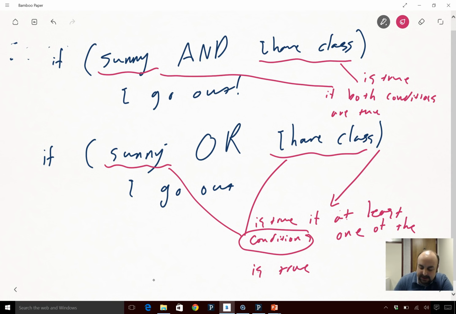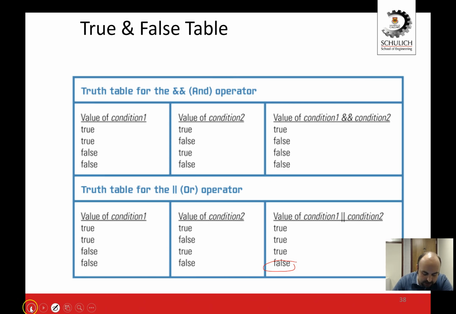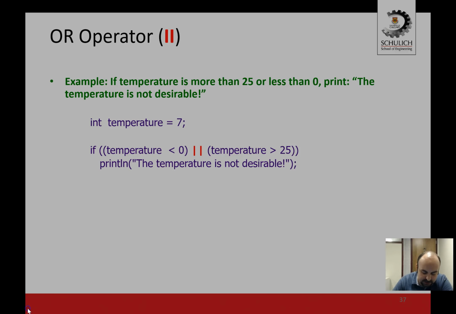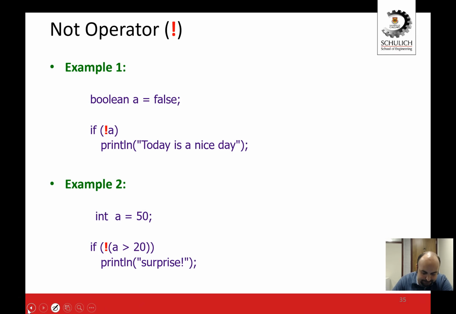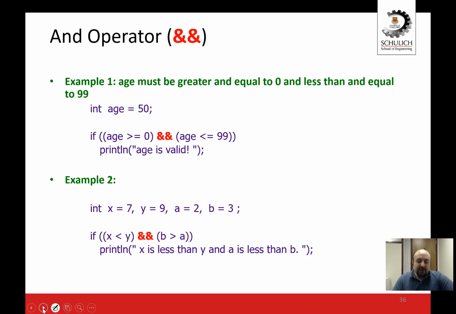So, looking at some examples here, going back in the slides. We'll talk about the not in a minute. So here, if you have an age, we say if age is greater than or equal to 0 and age is less than 90, it's valid.